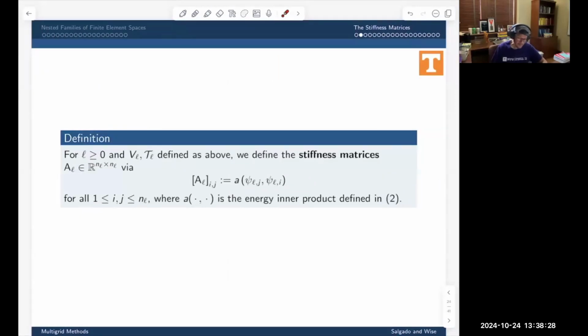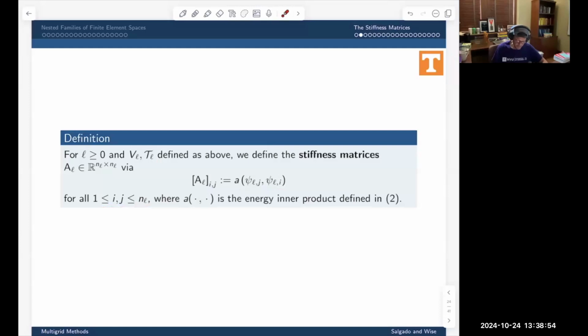Now we've already defined this object we call little a, this bilinear form. So here we go. Suppose that V_L and T_L are defined as above. We're going to define the stiffness matrices A_L in R^{N_L × N_L} via this prescription for all i and j between 1 and N_L.